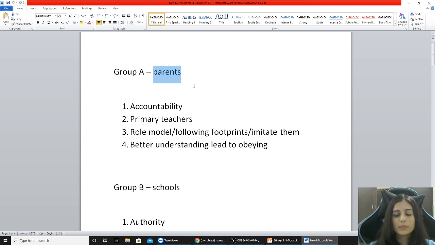You will be simply saying I majorly agree that parents should be held responsible for the outcomes of how the child would be in the adulthood. However, we cannot ignore the importance of teachers in making them good citizens. Okay, so this is how you'll be writing your opinion.